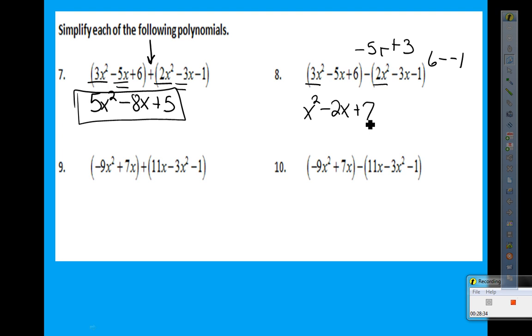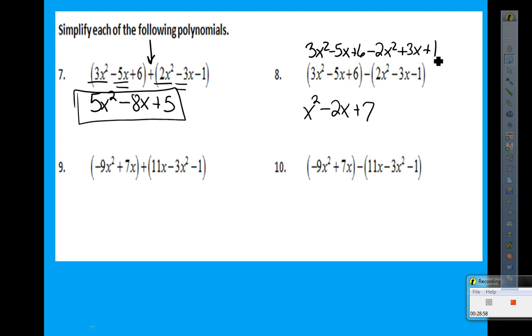Now I'm also going to show you another way. Some people don't like to mess with subtraction. If you don't want to mess with subtraction, just distribute this negative 1. So I'm going to have 3x squared minus 5x plus 6 minus 2x squared plus 3x plus 1.